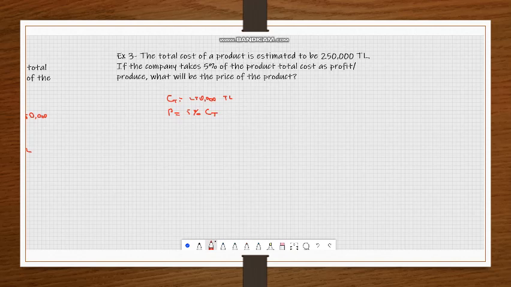So the price we need to find, because it's asking the price of the product. Price is the total cost plus the profit, as we know previously.